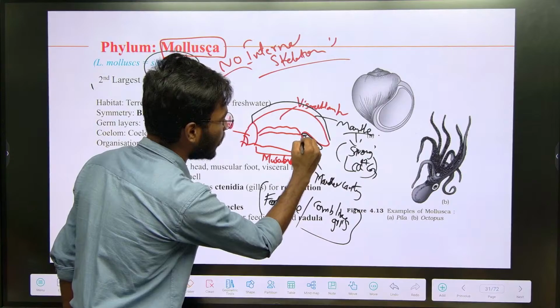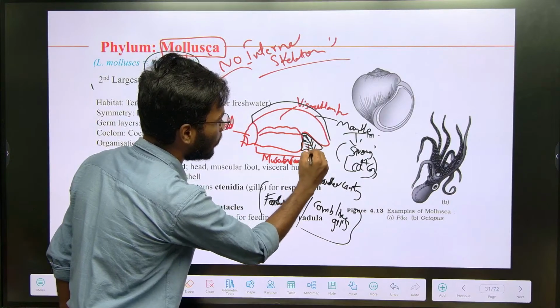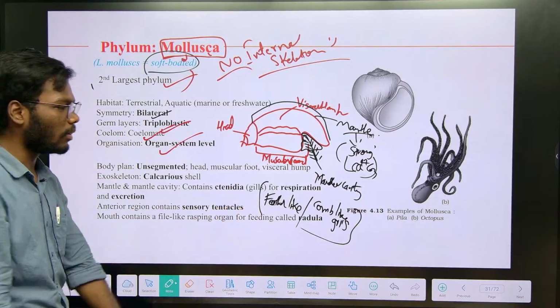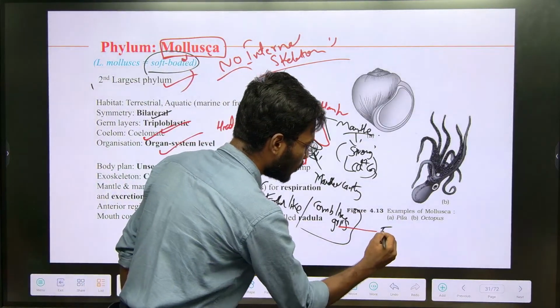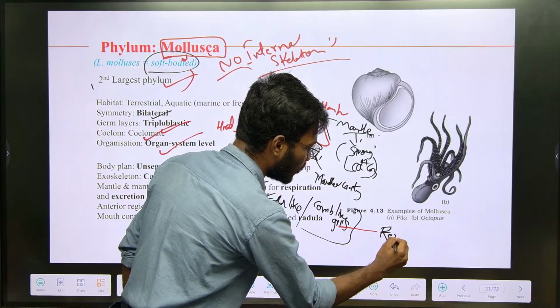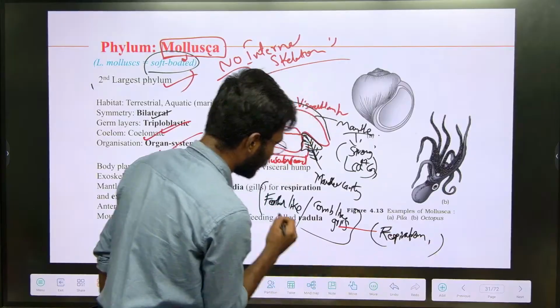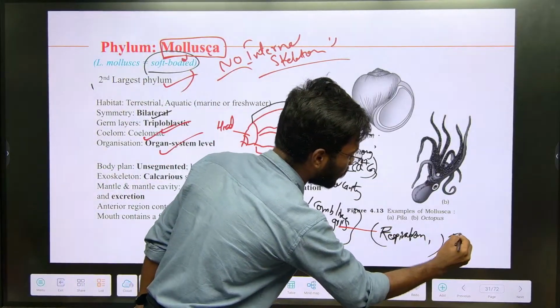Right? These comb-like gills are present in the mantle cavity. For what are these gills responsible? Generally, these gills are responsible for respiration. Also, these feather-like gills are responsible for excretion.